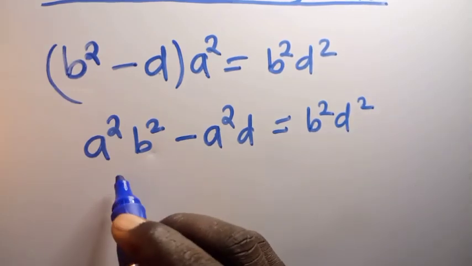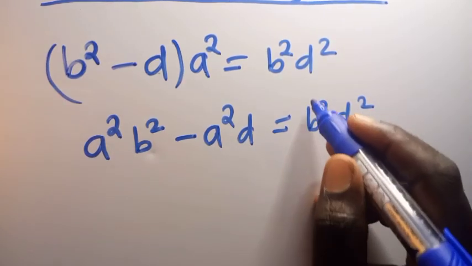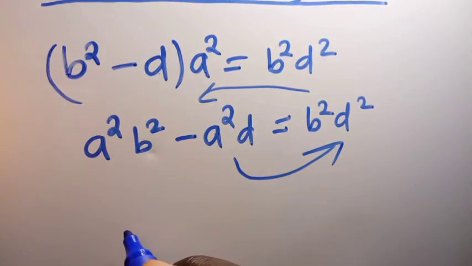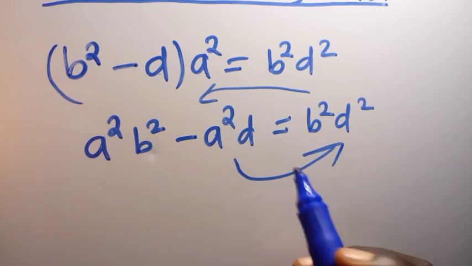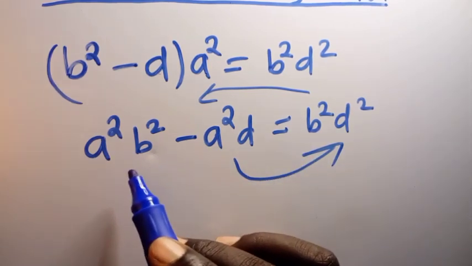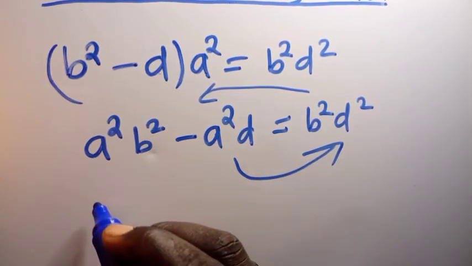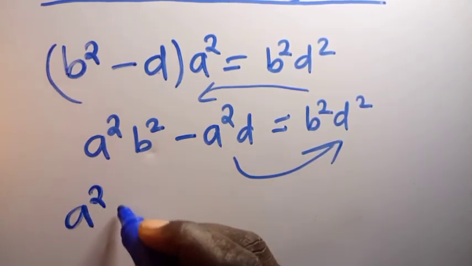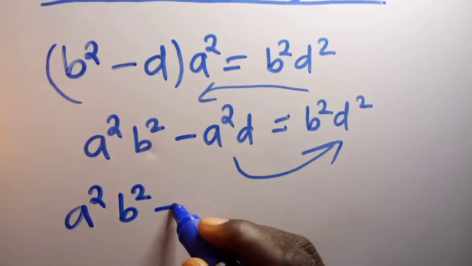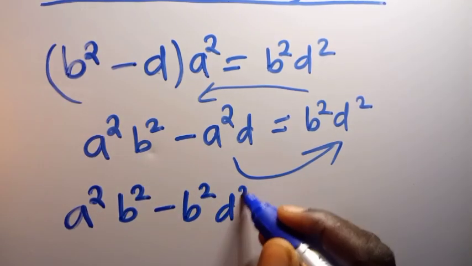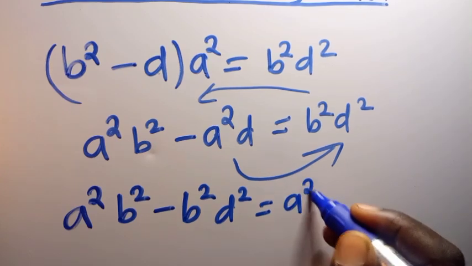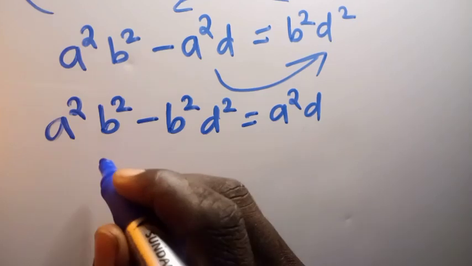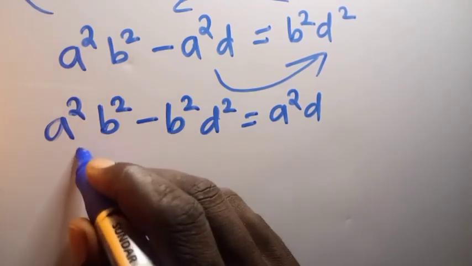Then from there, let us bring this to this side, and also take this to the other side, so that we remain with the terms that have B squared on one side. So we have A squared B squared, then minus B squared D squared equals A squared D. Then from there we can factor out the common term here.